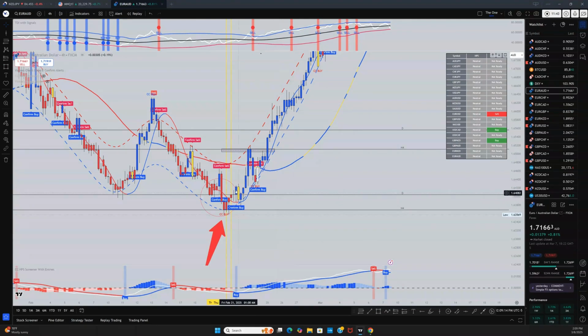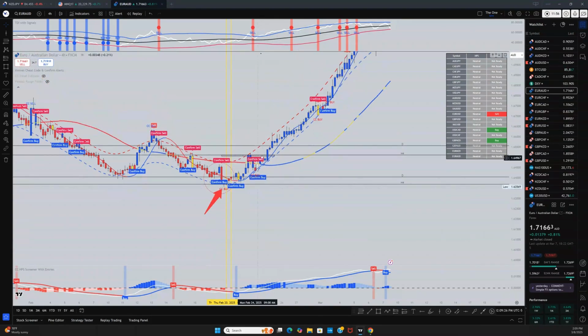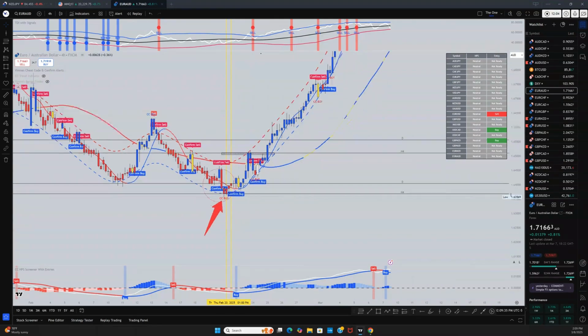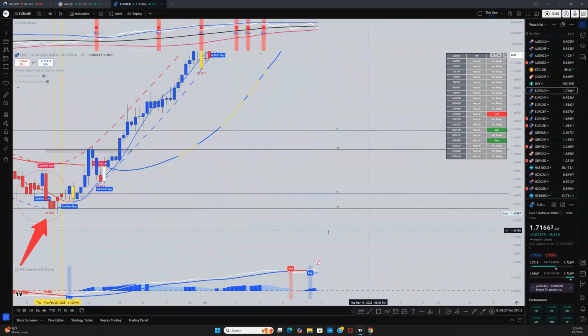So that will be my first TP. Okay. Price came up above, came back down to retest, and then we shot up. All right. So second TP will be this daily level. And then price continued up from there. Okay. So that would have been a nice swing trade or day trade, depending on when you got out of the market.